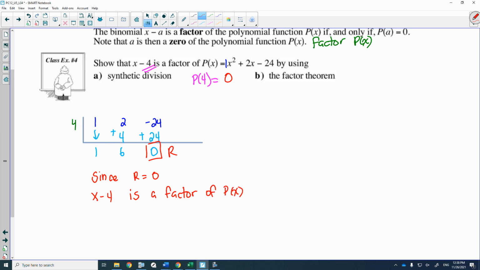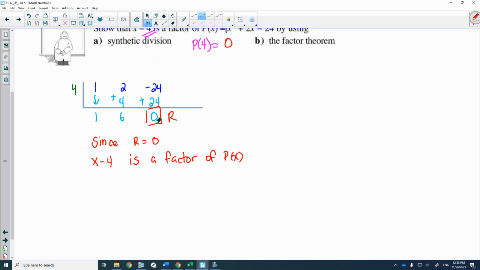If it is a factor of the original polynomial, what that means is that this root, which is x is equal to 4, is an x-intercept. So we are going to have an x-intercept at 4. So one of the coordinates on the graph would be 4, 0. That's the x-intercept. We could show the same using the factor theorem.